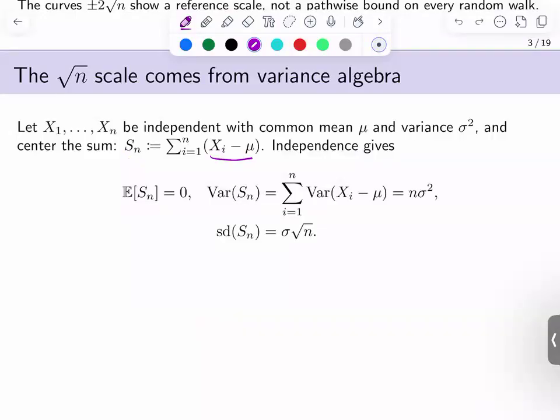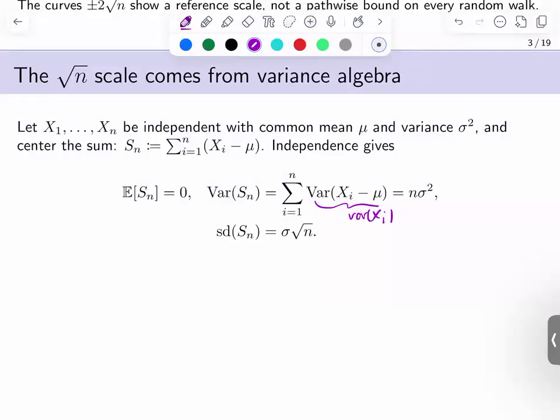You can prove it easily by linearity. The variance, again, would be the sum of the variances. The mu you can drop here because the variance of xi is invariant to shifts, and you get n sigma squared, so its standard deviation would be sigma root n.